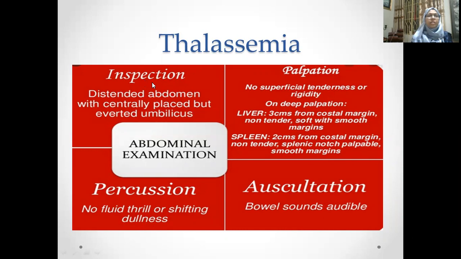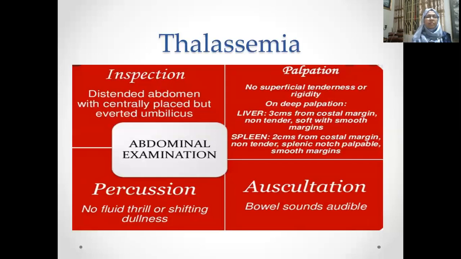In inspection, in a patient with thalassemia, the abdomen is normally distended with a centrally placed, sometimes everted umbilicus if it is hugely enlarged. On superficial palpation, there is no tenderness or rigidity.